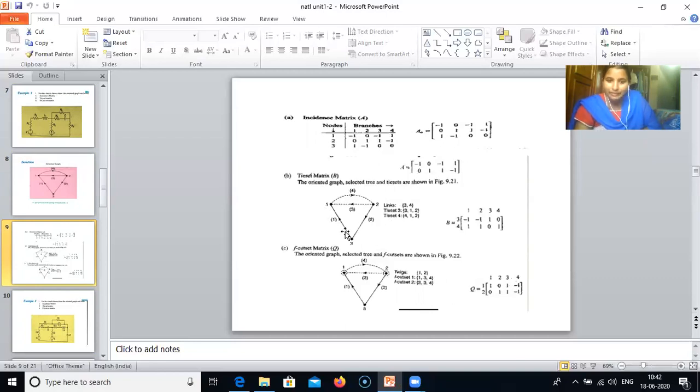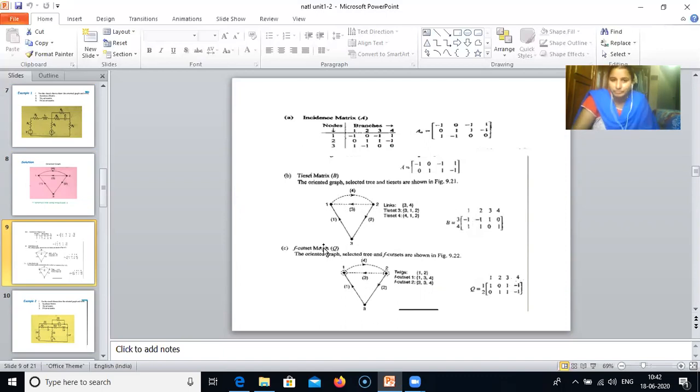If we place link 3, in the direction of orientation, this is entering, this is also entering. In this loop we take the anti-clockwise direction. So this is in this way and these two are in the opposite way. So 3 will be plus 1 and these two will be minus 1.